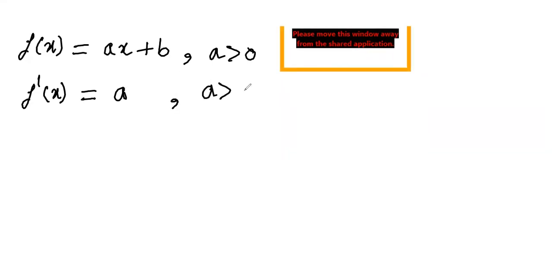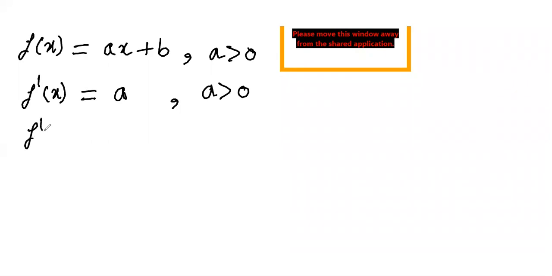So the next function is f of x is equal to ax plus b, where a is greater than 0. So we have to find out what type of function it is. What we have to do is differentiate it. F dash x is a, and a is greater than 0, it is given.